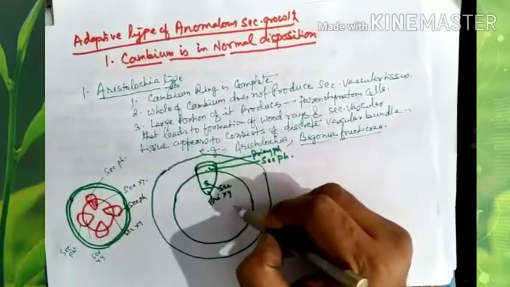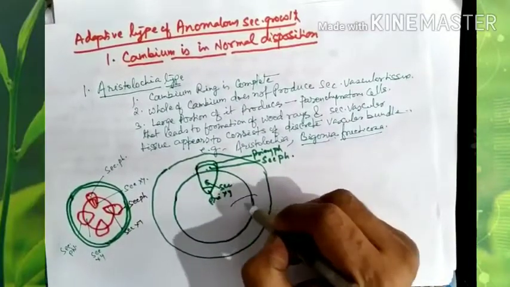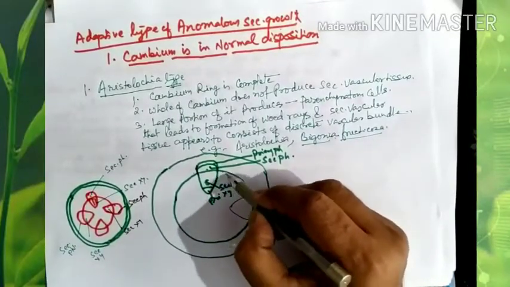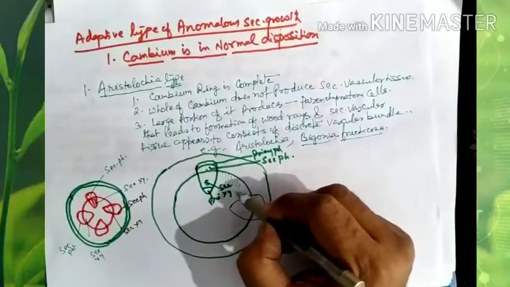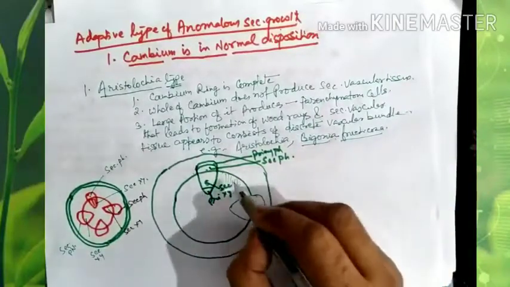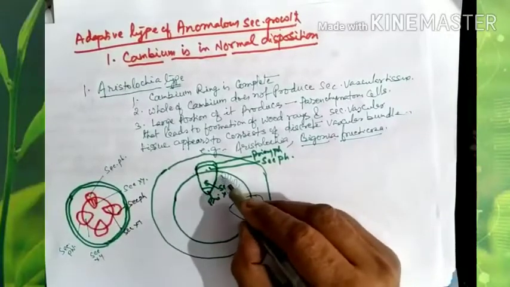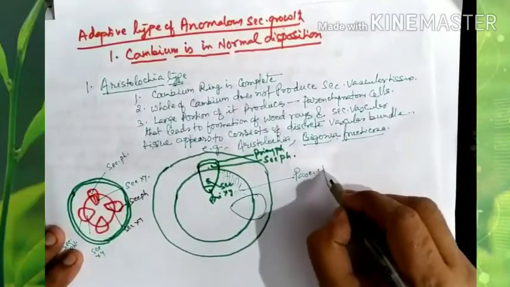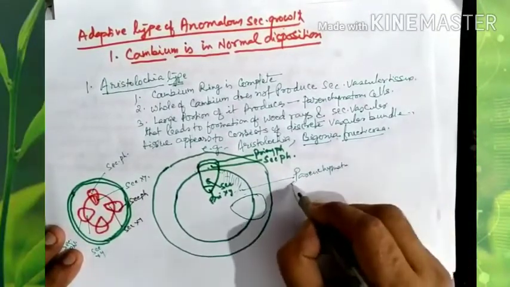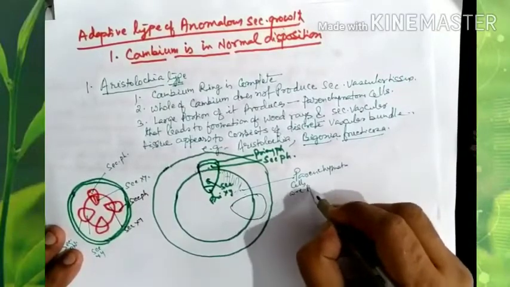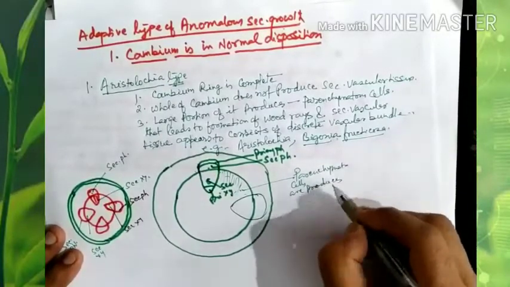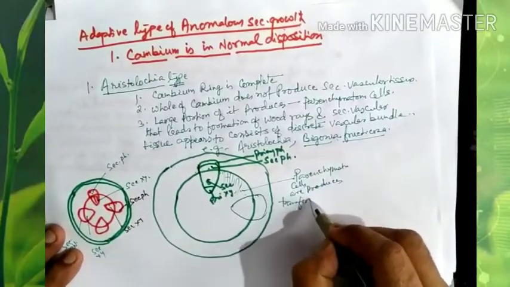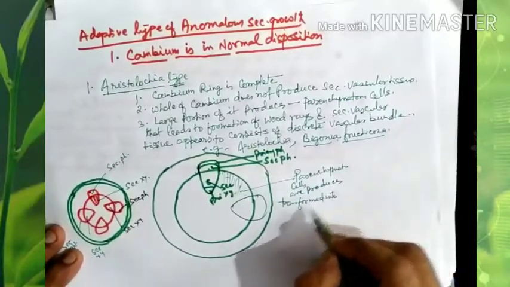And in between two vascular bundles, parenchymatous cells are produced, which later on transformed into wood rays.